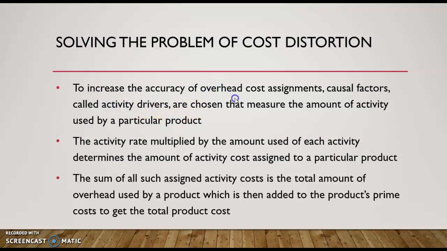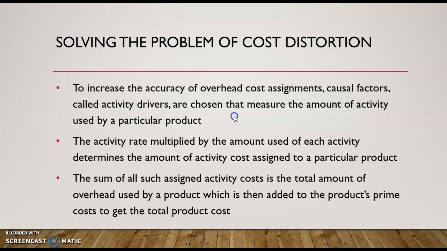All right, and this helps to solve a problem of cost distortion that can happen if you're just using one single plant-wide rate for everything, because some of the jobs maybe don't need to set up equipment. Other jobs need more or less moves, handling moves, etc., more or less direct labor hours in assembly.